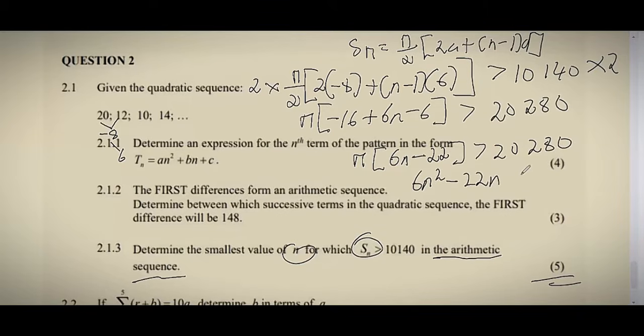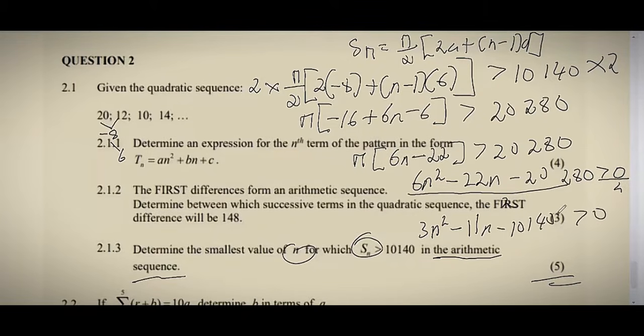Then let's bring over this number here, minus 20,280, and then greater than 0, right? Looking at these numbers, we can tell that they can all be divisible by 2. If we divide everything throughout by 2, then we have 3n squared minus 11n, then minus 10,140. So it goes back there, right?